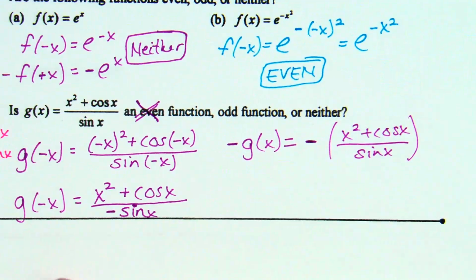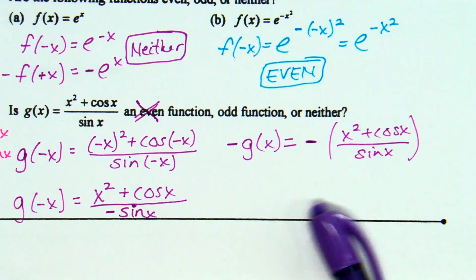How do we multiply a fraction by a negative? Do the top or the bottom. Okay, so to multiply a fraction by a negative, you either multiply the entire numerator by the negative or multiply the entire denominator by the negative.